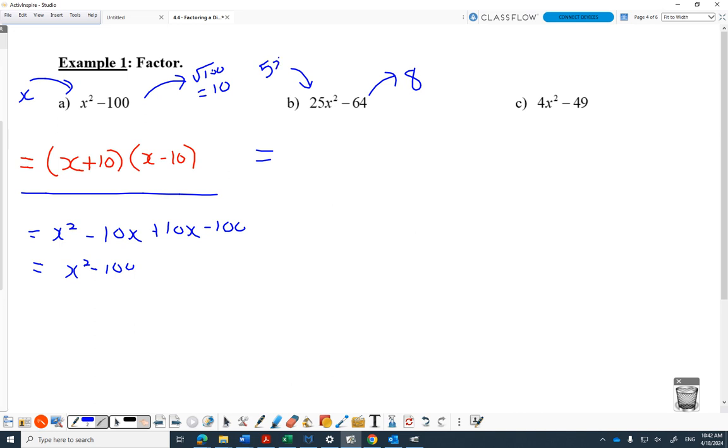That term has an x in it, so it's 5x that I got to square to get 25x squared. Once you have those up there, you put those up there, and then your first bracket is 5x plus 8, and your second bracket is 5x minus 8.